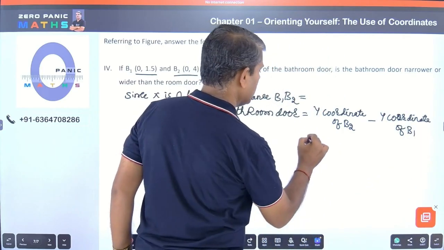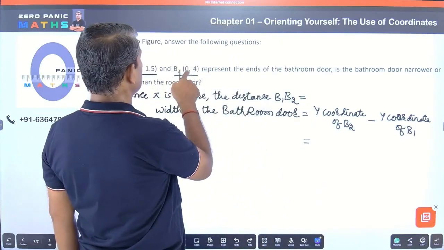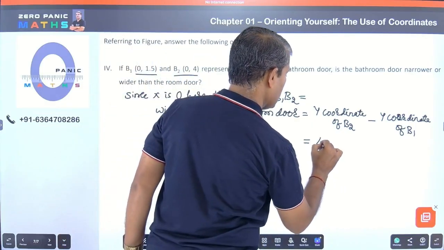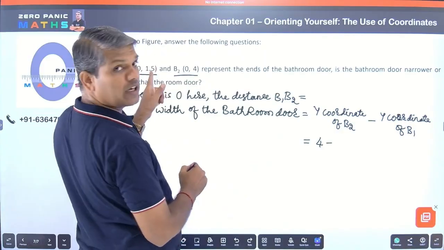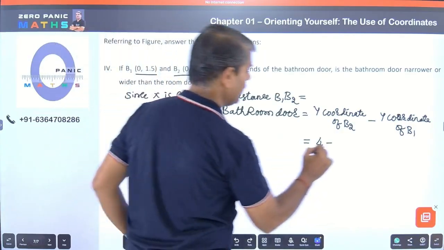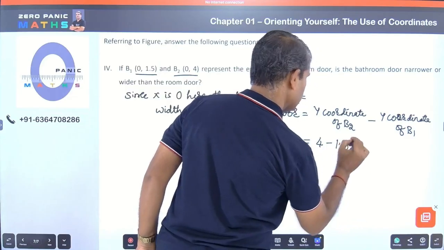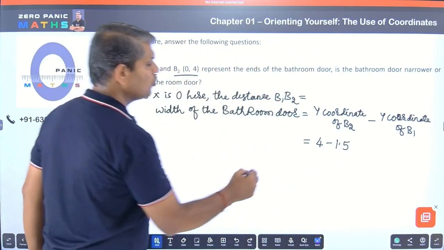So what is B2's y coordinate? It is 4, minus B1's y coordinate, which is 1.5. So it is 2.5.